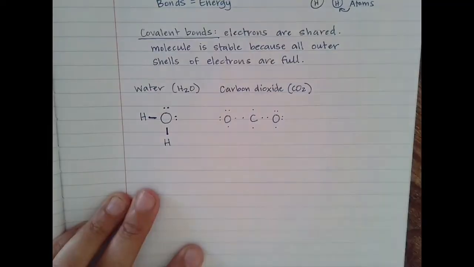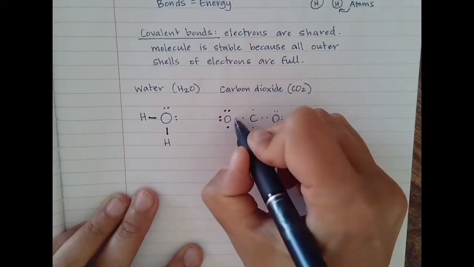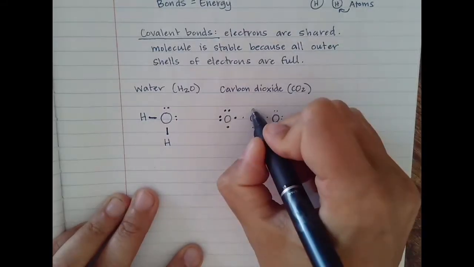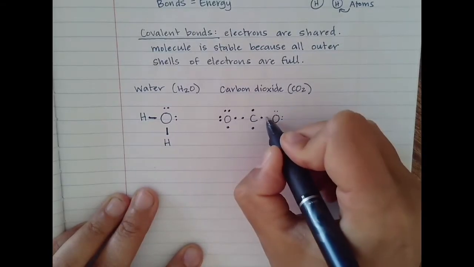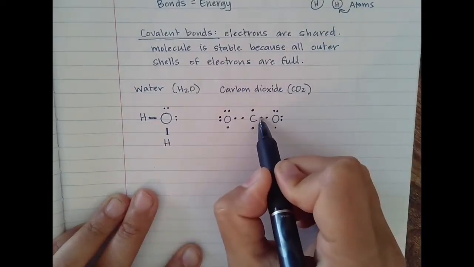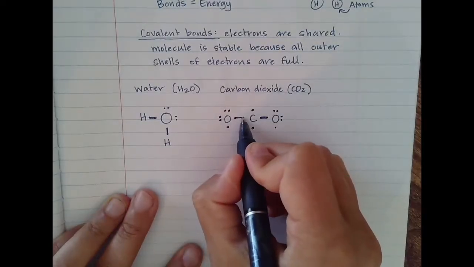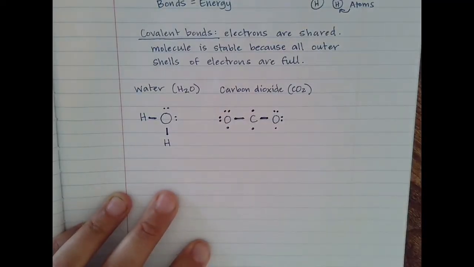Now you'll notice that I've made my Lewis diagrams for oxygen a little bit different than I'd done in the past. What I'm doing is making it so that the open spaces, the electrons that are by themselves, are close to an electron that is going to be in that share or in that bond. So because I've got 2 electrons here, I can create a bond, bonding together carbon and oxygen. And then I'm going to create a bond here, bonding together carbon and oxygen. But carbon's outer shell of electrons is not full, and oxygen's outer shell of electrons is not full.